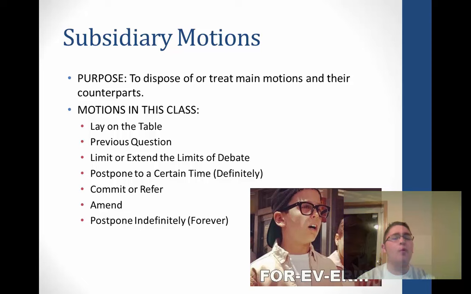Postpone to a certain time or definitely is when you move a motion to some other time and you set forth a time. So like I move to postpone this motion to our next meeting regularly scheduled for next Thursday or something to that sort. Commit or refer is when you make a motion, go to a special committee or some type of committee that is formed within the assembly to look at the matter a little bit more and either act upon it or report back to the next meeting.